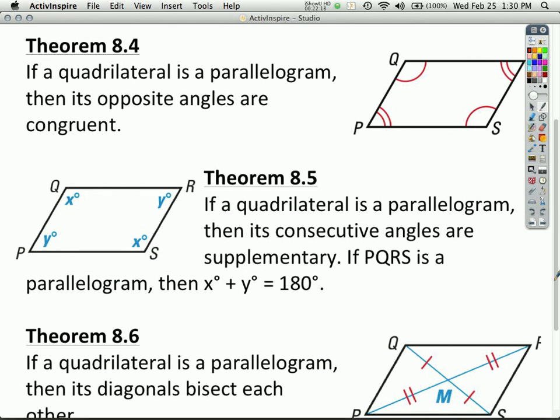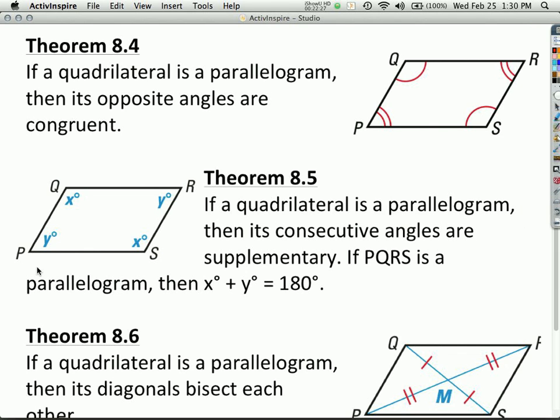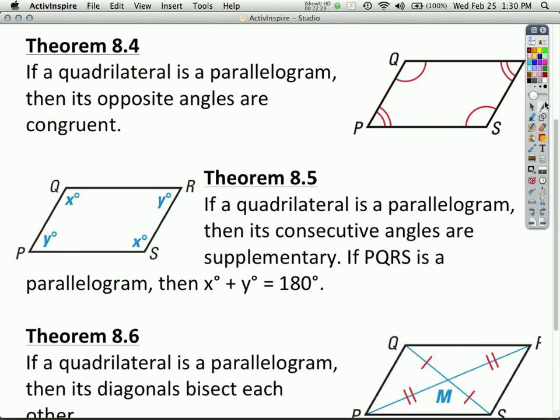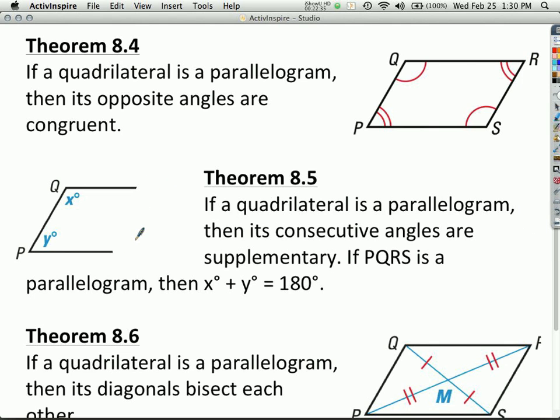Here's why I did today's warm-up. If you have two angles on the same side, that's consecutive interior angles because it's a parallelogram. Think about the word. These sides are parallel, and if I took away that side, we just have parallel lines. That's consecutive interior angles.